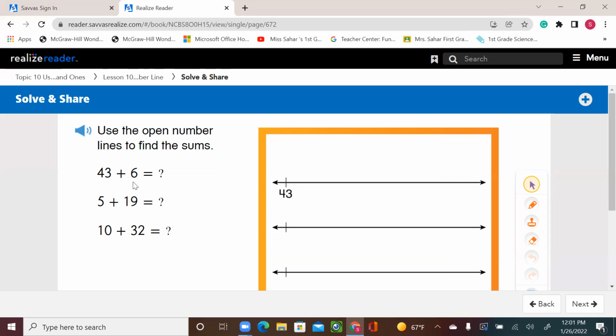All right, 43 plus 6. That means 6 ones. So I'm putting 43 and I'm going to add 6 ones. I can add 6 individual ones, 6 jumps, or I can do 3 and 3. So let's start with a simple one, 6 jumps. I'm going to use my marker and jump 6 small jumps. 1, 2, 3, 4, 5, 6.